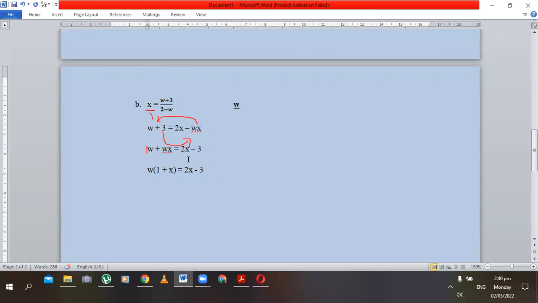After that has happened, the fourth and the last step is that we divide anything the letter is attached to, which is 1 plus x, even here 1 plus x. And when these guys cancel, the answer will be w is equal to 2x minus 3 over 1 plus x.